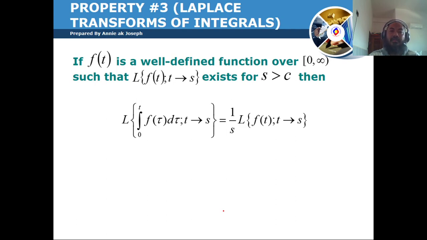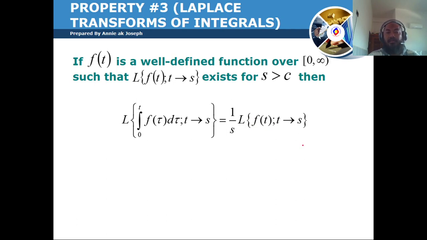This is the Laplace transform of an integral. If f is a well-defined function over 0 to infinity, such that the Laplace transform of f(t) to s exists for s greater than c, then the Laplace of the integral from 0 to t of f(τ) dτ is equal to 1 divided by s times the Laplace transform of f(t) to s.